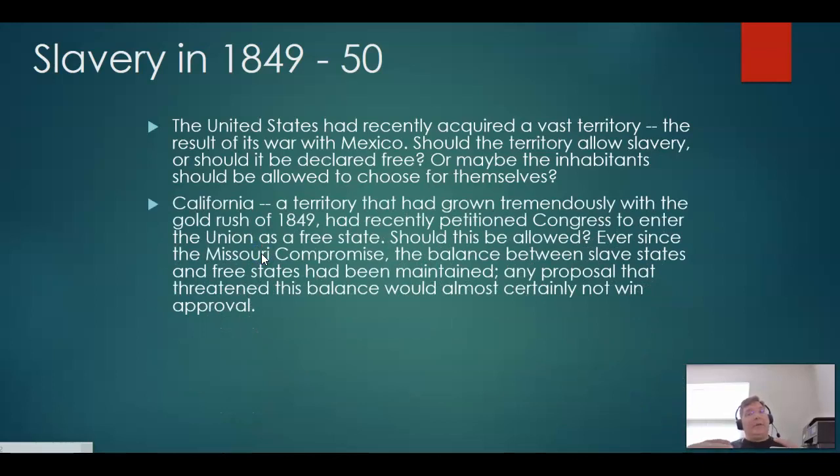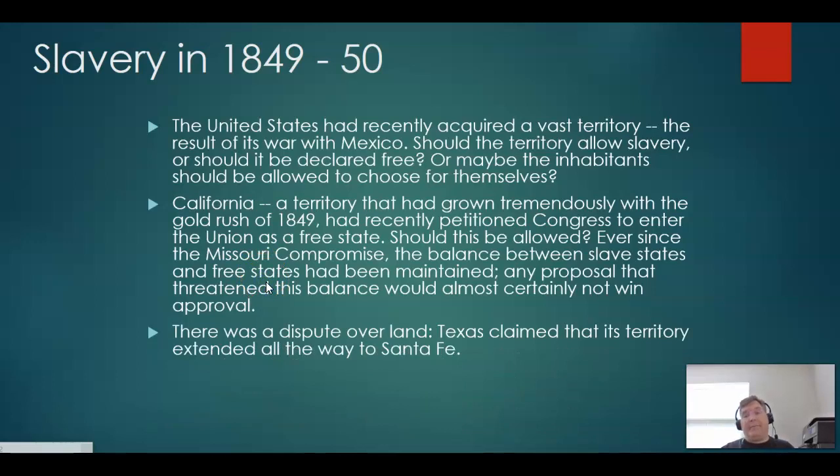California in 1849 has the California Gold Rush. And now they've reached that population threshold to become a state, and they want to enter the Union as a free state. So again, that's going to mess up that balance that had held steady since the Missouri Compromise of 1821.